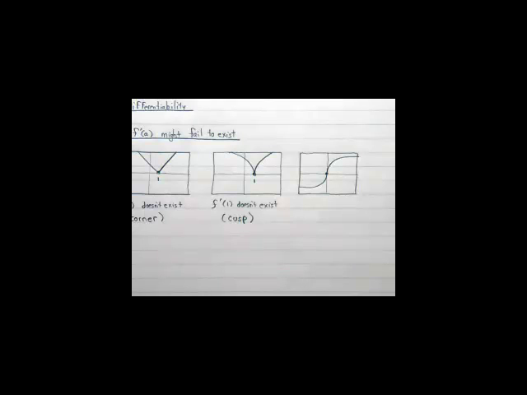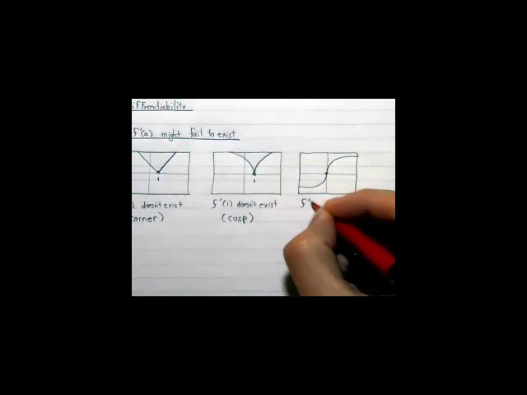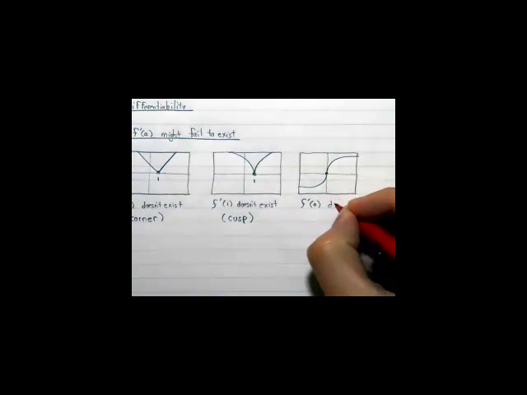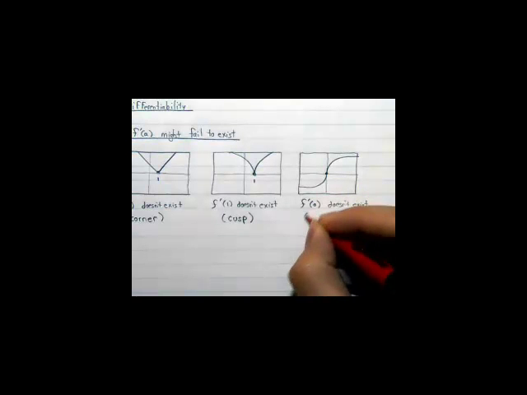As this comes up, right in the middle, your tangent would technically be exactly vertical. And what's wrong with a vertical tangent? What's undefined about it? Its slope. You can't have an undefined slope and have a derivative, because a derivative has to have some value. So in this case, f prime of 0 doesn't exist, and that's because of a vertical tangent.